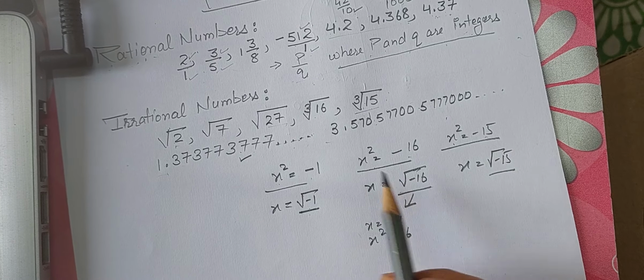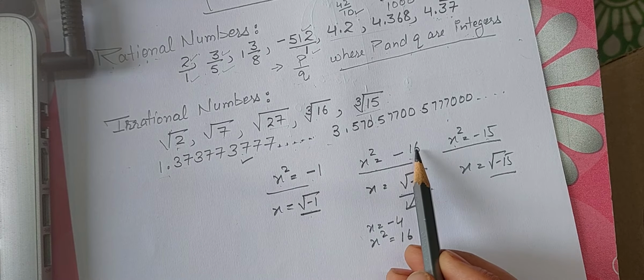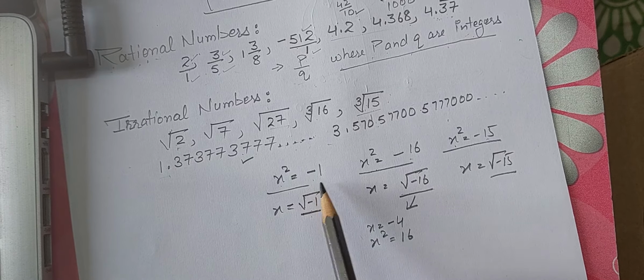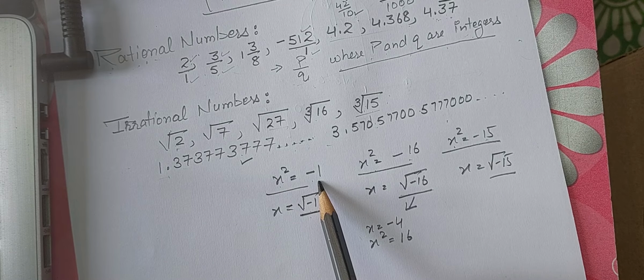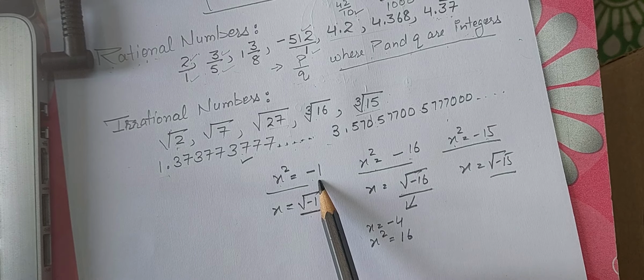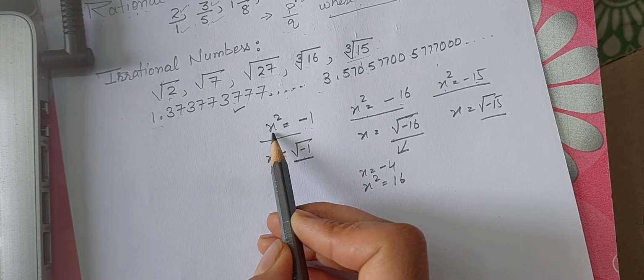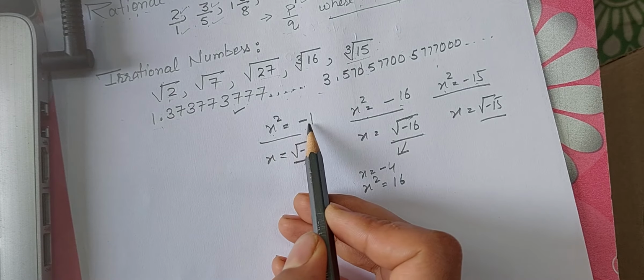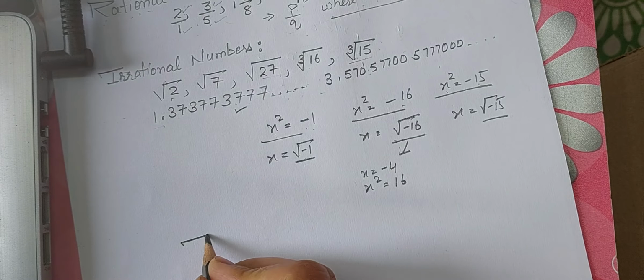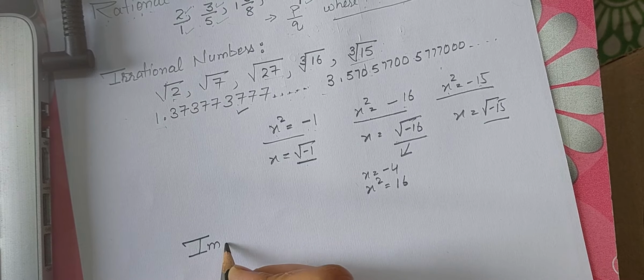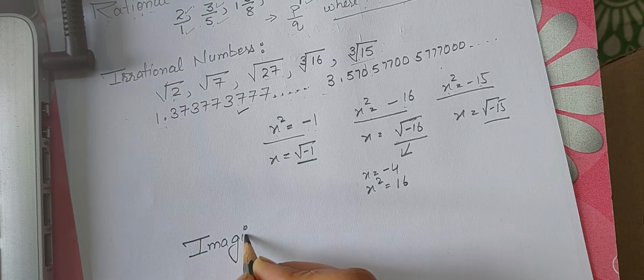If you are going to encounter such numbers, till now we cannot digest them. But if they do exist, we'll call them imaginary numbers, because they cannot be real, because the square of anything cannot be minus 1. So they are listed under a new category, which is called imaginary numbers.